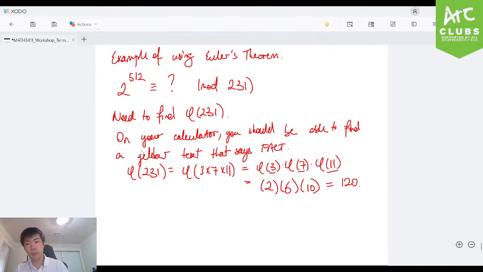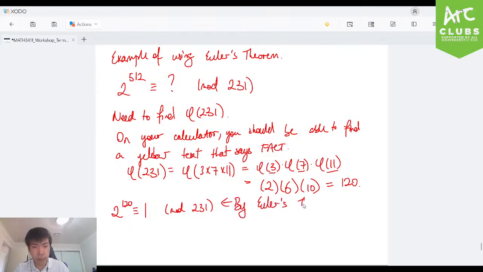All right? Next, make use of the 120. Because that means we now know by Euler's theorem that 2 to the power of 120 is congruent to 1 mod 231. And so we can find multiples of 120 in 512.